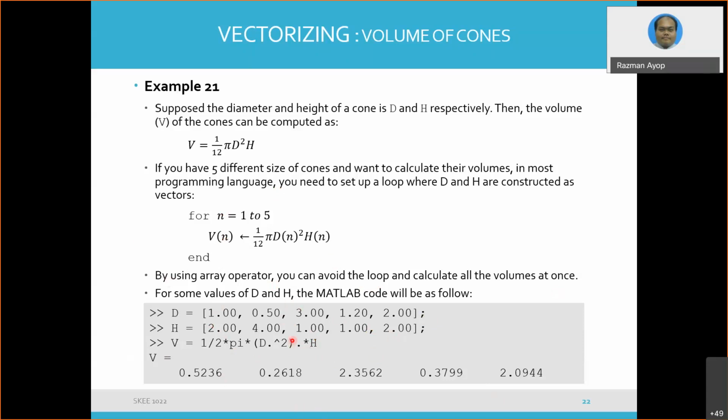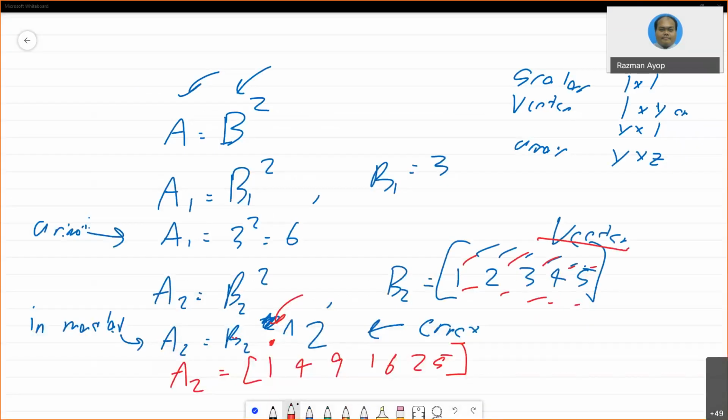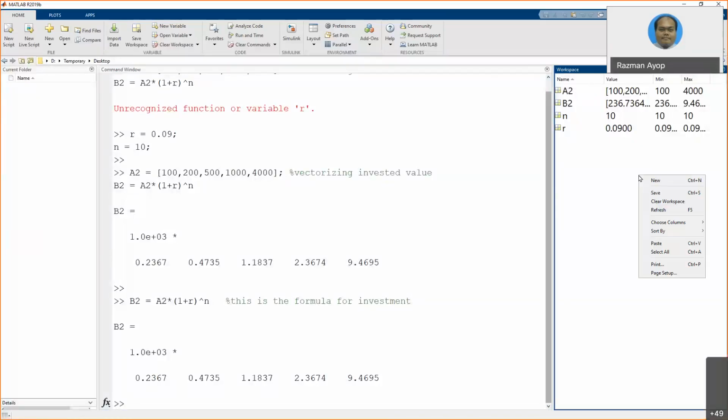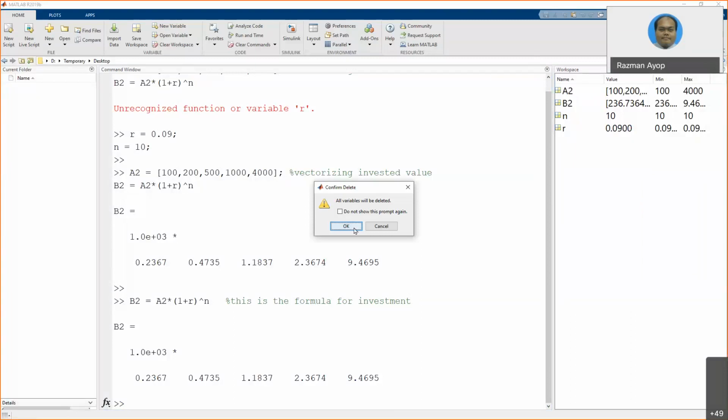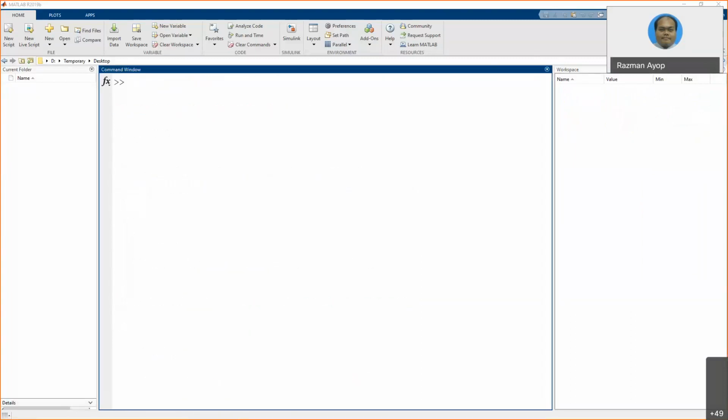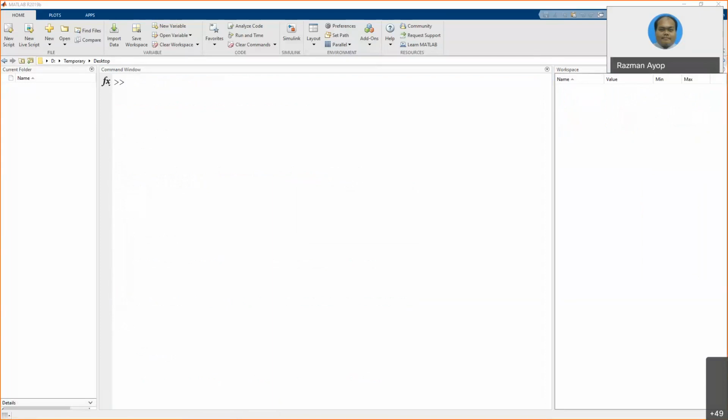Or maybe you want to do it smaller, so you can compare it with your manual calculation. So I give you an example here. You can see D is this one.